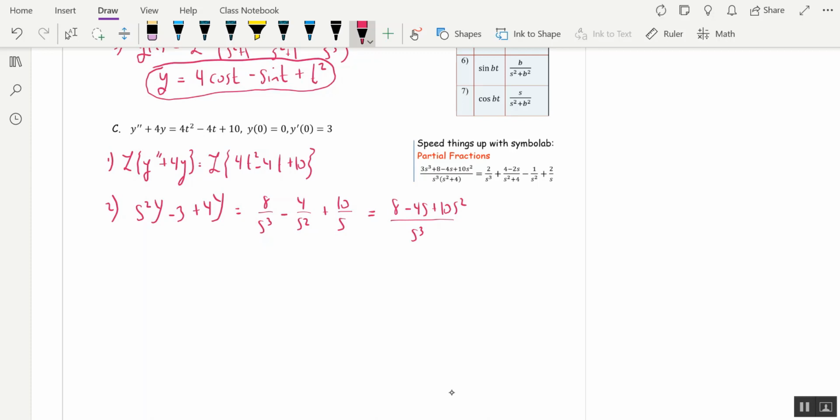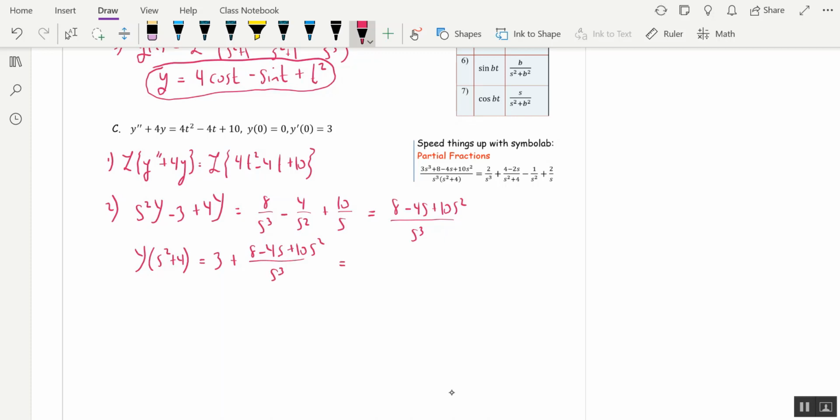All right, factor a big Y out, and we get s squared plus 4. And we have to move that 3 to the other side. So 3 plus 8 minus 4s plus 10s squared over s cubed. And again, I'm going to write that as a single fraction.